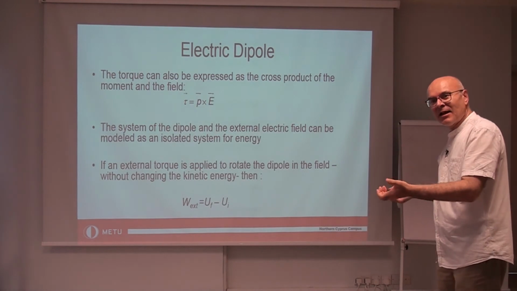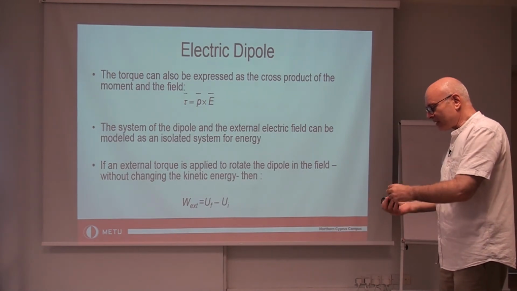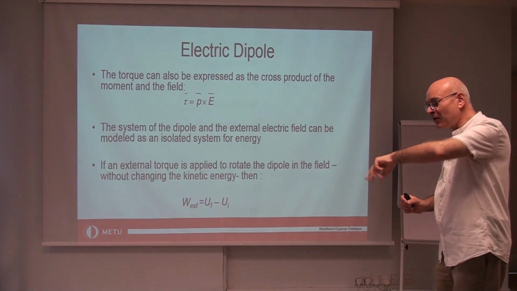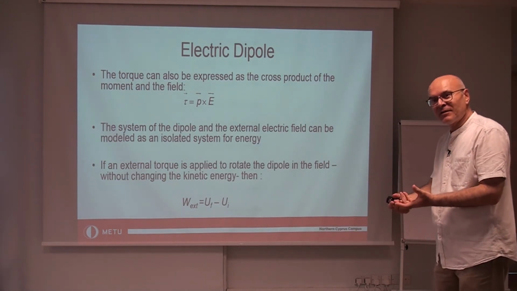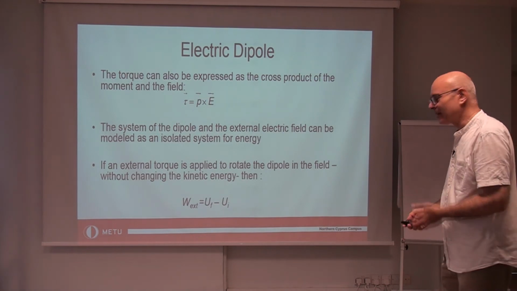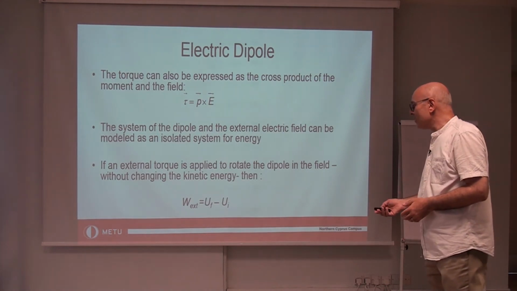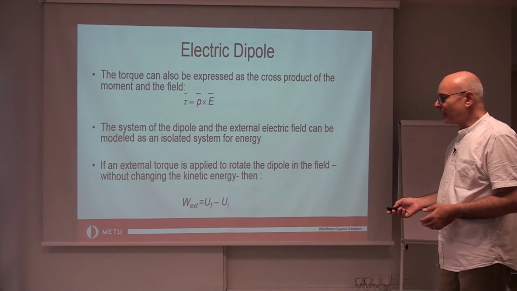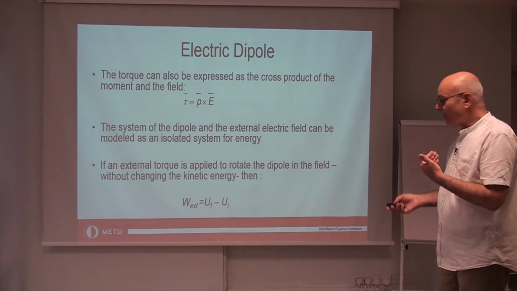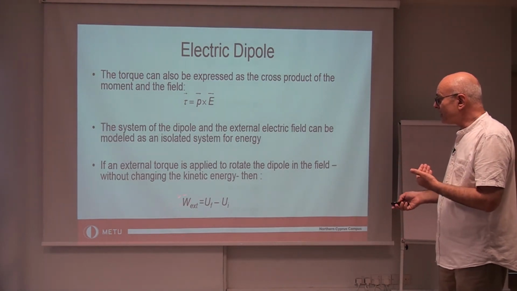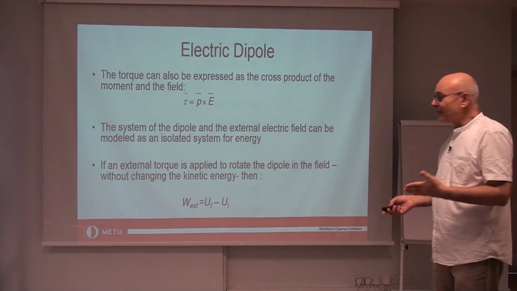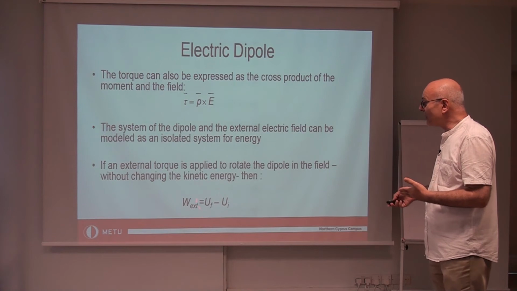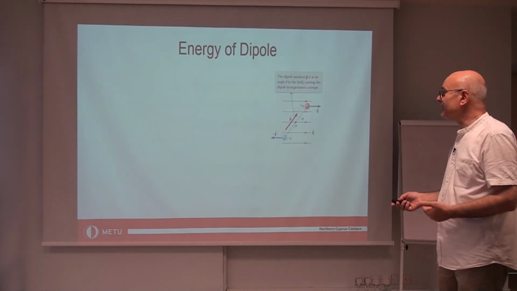It's exactly like a rod attached to a spring: when you are rotating, you are winding the spring and storing energy as elastic potential energy in the spring. It's exactly the same. So by finding the expression for the external work, we will find an expression for the potential energy of a dipole in an electric field.